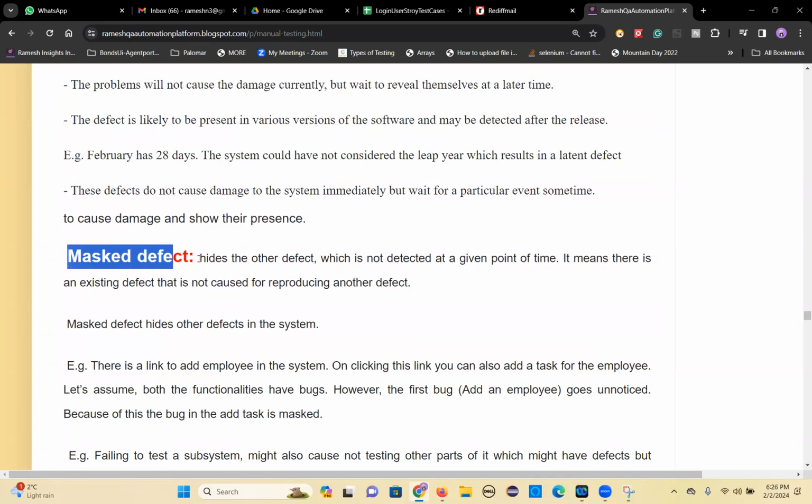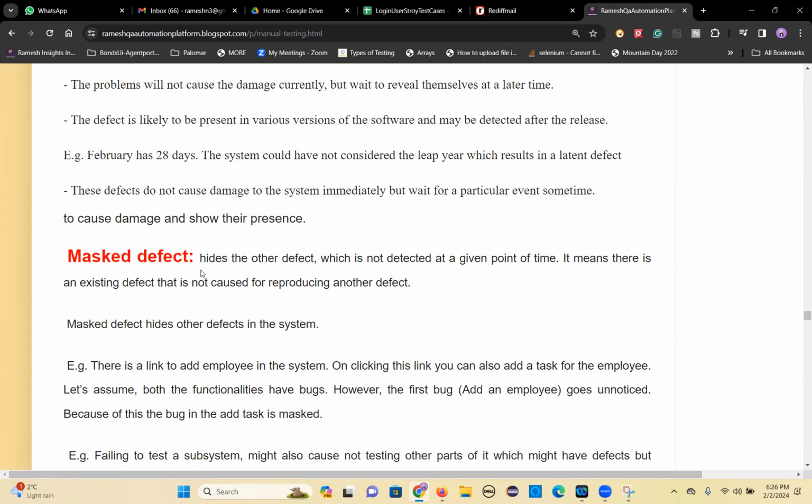Okay. Next, masked defect. What is meant by masking? Covered, hidden, right? Masking defect is also the same. One defect hides the other defect. Because of one defect, you cannot find the other defect.